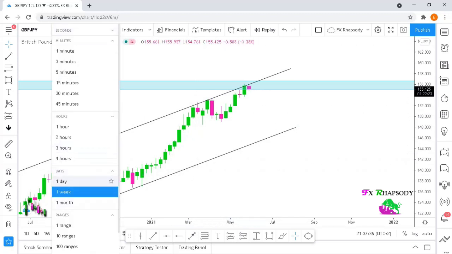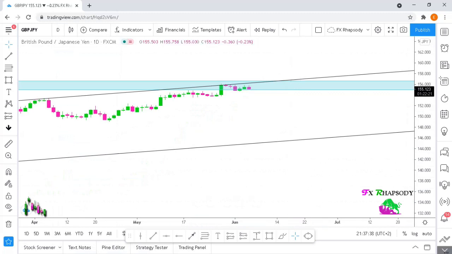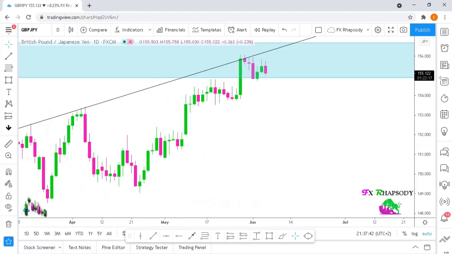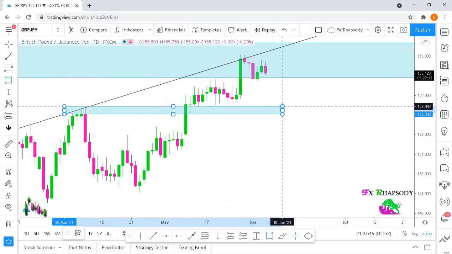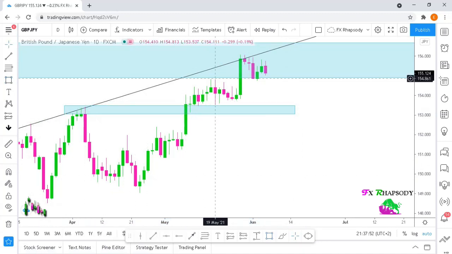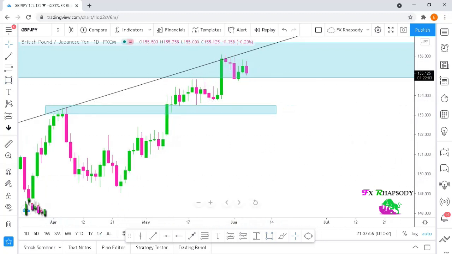If we move to the daily, let's have a look at what's happening here. We know that this area over here is a strong support area as well. It was resistance, broke through, retested the whole time, price shot up, and again, look at this.